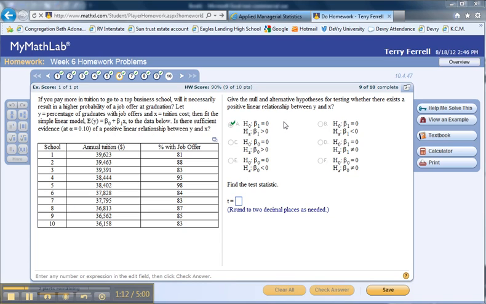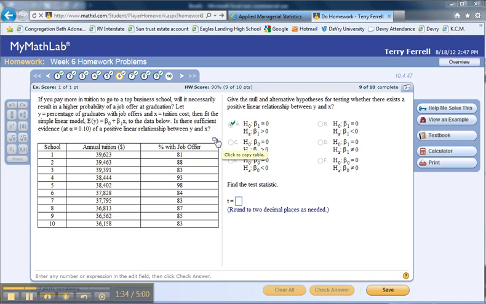Okay. Next, we need to find the test statistic that goes along with the slope. The slope we're referring to is, as annual tuition increases, how much does the percentage of job offers also increase. So we're going to take this data and put it in Minitab.